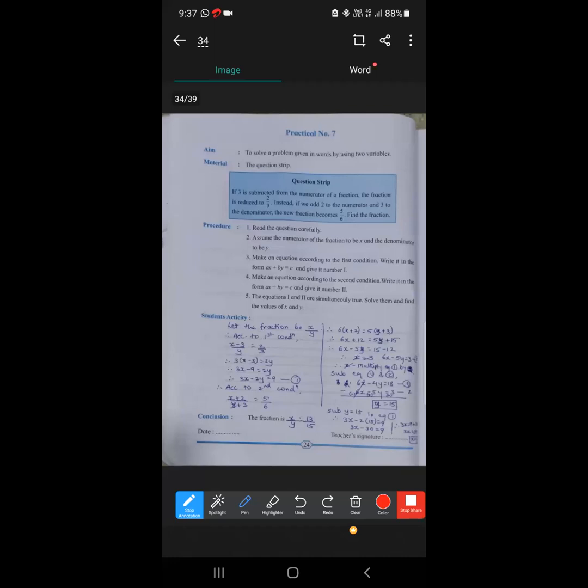Okay. Now, from page number 23, that is from practical number 6, 7 onwards, it is based on chapter number 5, that is linear equation in two variables.